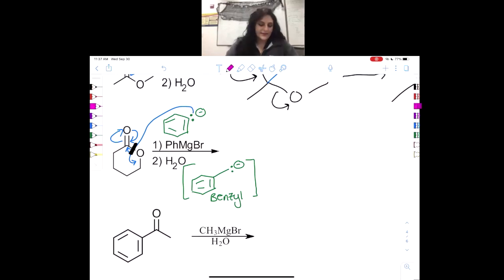And so now, as I always say, we count carbons 1, 2, 3, 4, 5. So I'm going to go ahead and draw a 5 carbon chain. And I always like to start with the carbonyl, but it doesn't really matter. So on carbon 1, which is the carbonyl carbon, we are going to add our Grignard reagent.